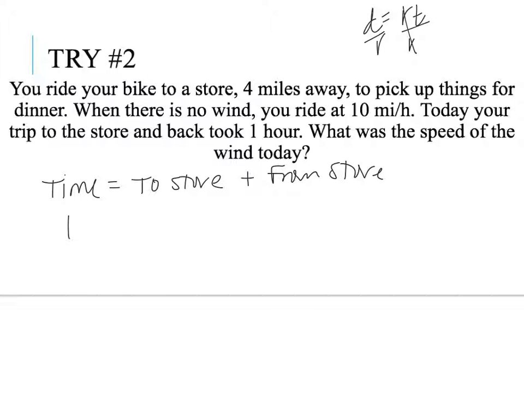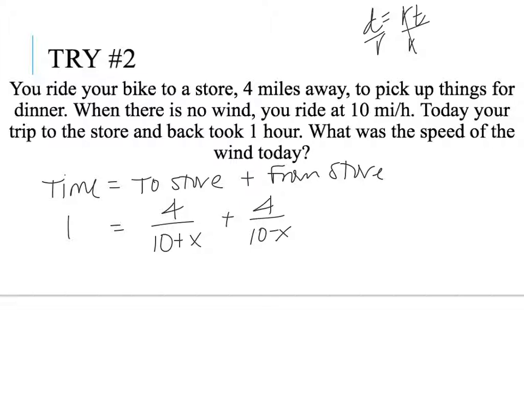So our total time is 1 hour. To the store, the distance is 4 miles over the rate of 10. Here in this case, they're not telling us which one is headwind or tailwind, so we're just going to place them where we feel. Also because the distance is the same. All right, so 10 plus x plus 4 over 10 minus x.